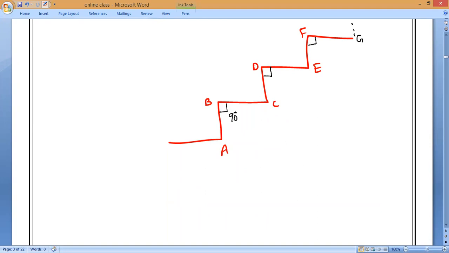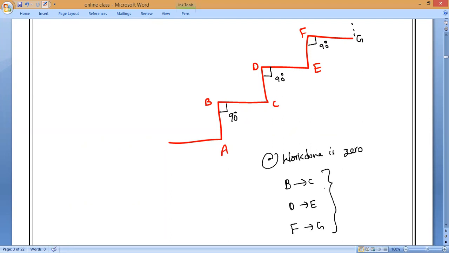B to C, D to E, and F to G. So these are the places where work done is 0.